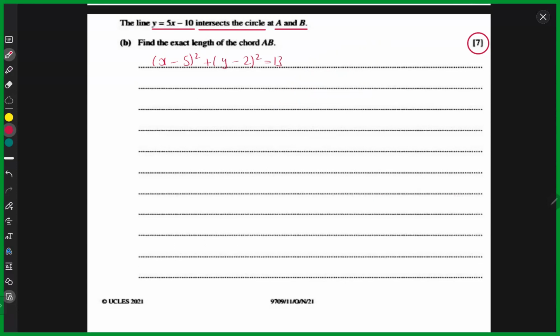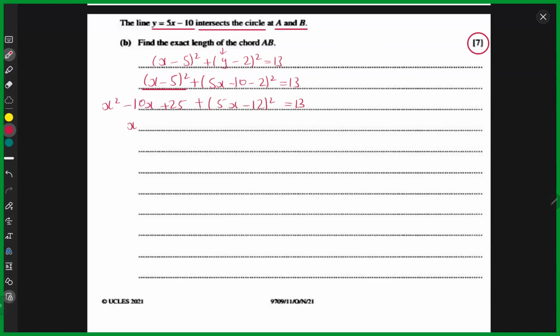So I am going to plug in y over here, and this would give me (x minus 5) squared plus (5x minus 10 minus 2) squared equals 13. And now I'm just supposed to simplify it. So this is going to be expanded and I would get x squared minus 10x plus 25 plus (5x minus 12) squared equals 13.